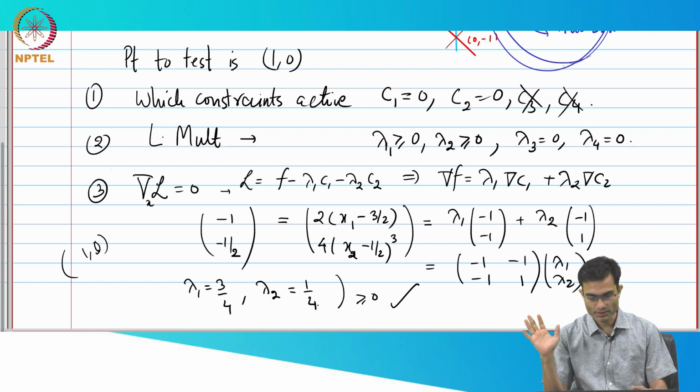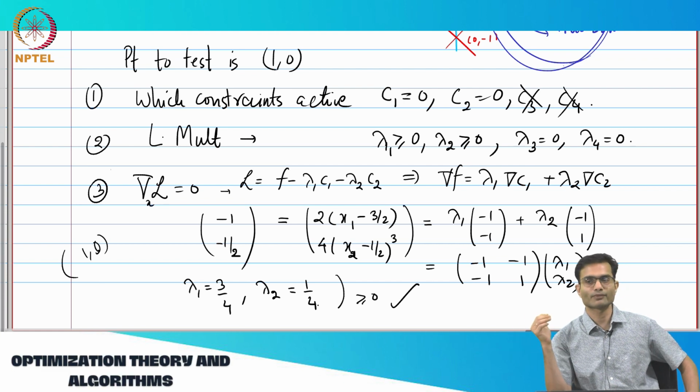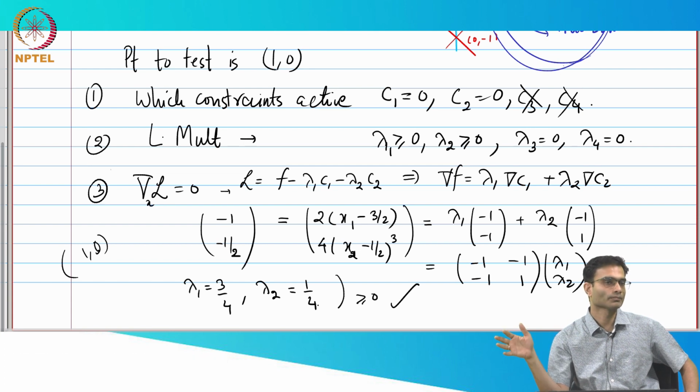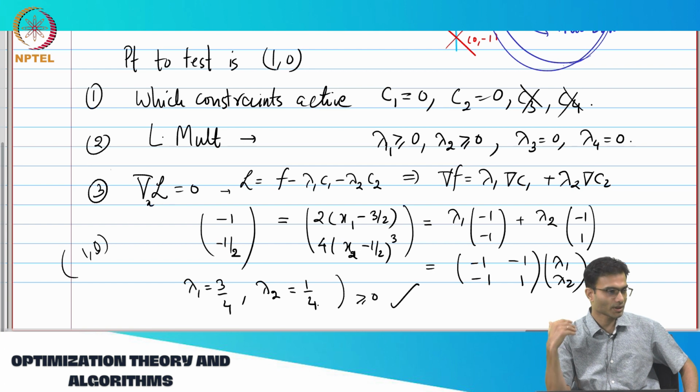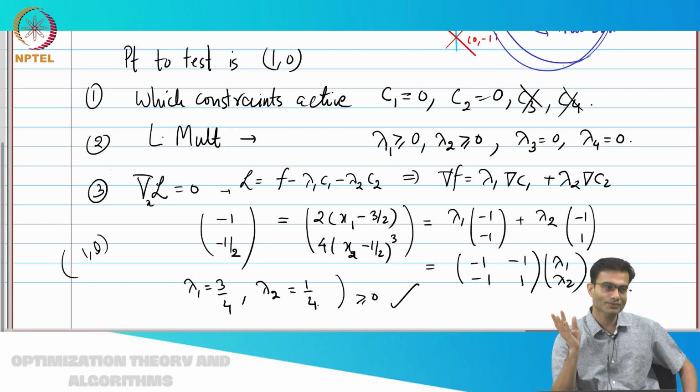All right, so this brings this to an end. The next thing that we will start is an algorithm to actually solve this problem, which is called the projected gradient descent method. I already gave you an intuitive feel for what projection means. We will formalize that and come up with an algorithm, which will be just as simple for you to code and use in MATLAB as gradient descent.